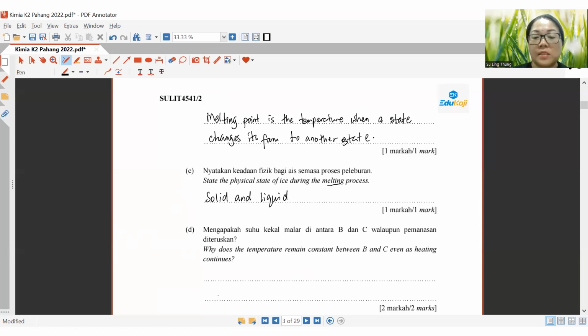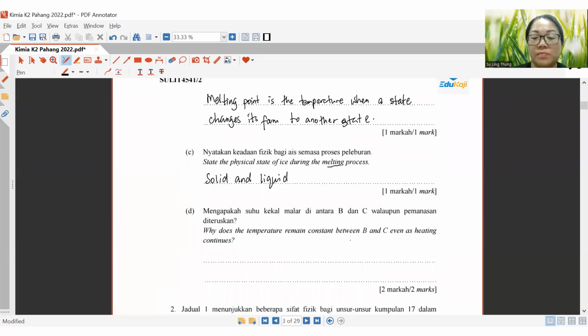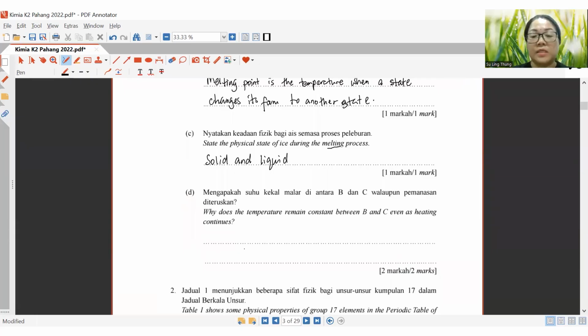Now, why does the temperature remain constant between B and C even as heating continues? Basically, it remains the same because it's changing into another state at that particular time. So how do you put this answer?